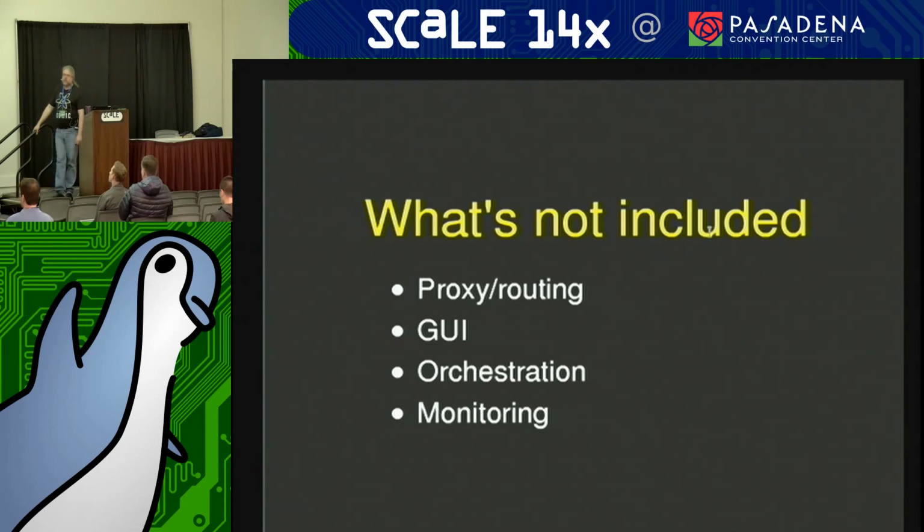Stuff that's not included. Now, I mentioned that the third part of failover is to fail over the applications. That is not included in the core Patroni project. And the reason for that is that it's going to be provided by other things. There's no GUI interface for Patroni, and I don't think anybody has any plans to build one.